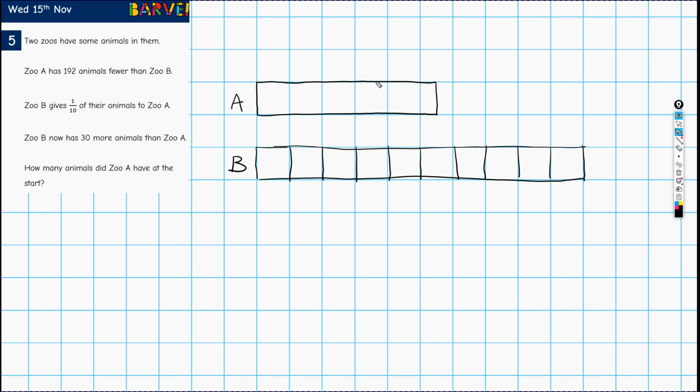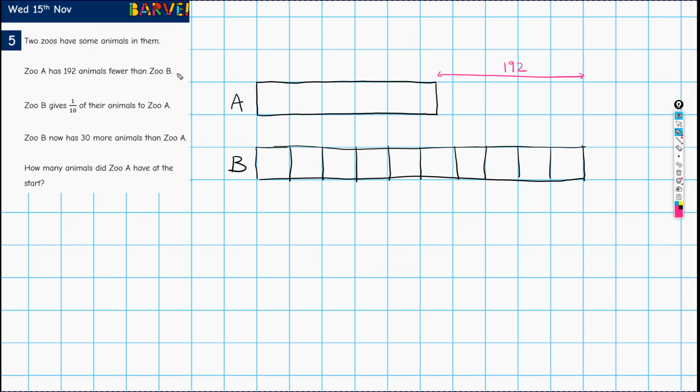But anyway, that's my drawing for A. I'm not dividing that into any parts. And we're told that Zoo A has 192 fewer animals, so this difference here has a value of 192. Okay, so far so good.